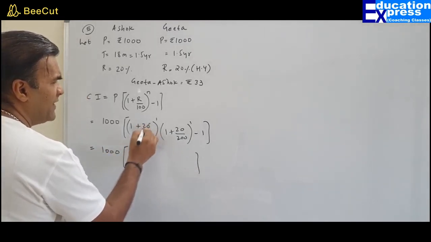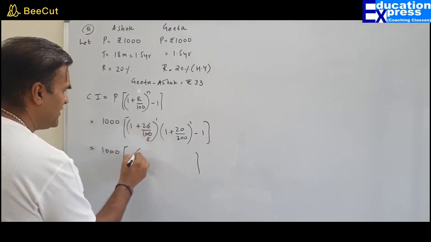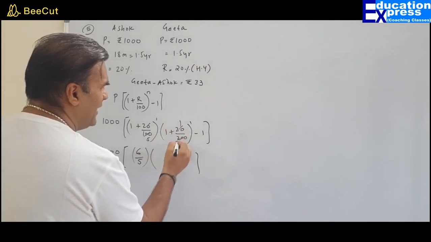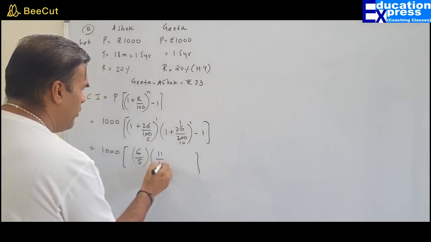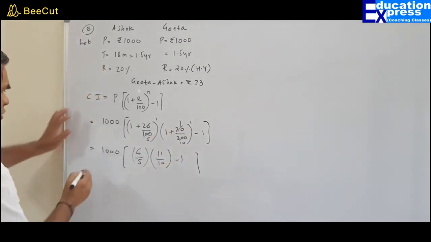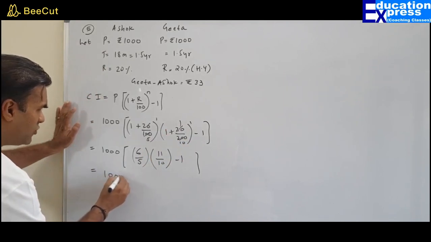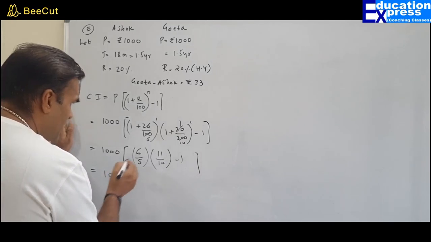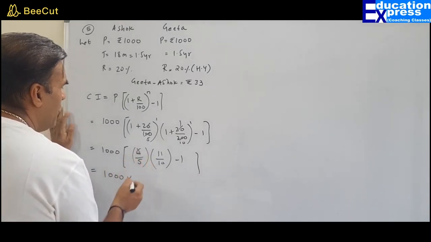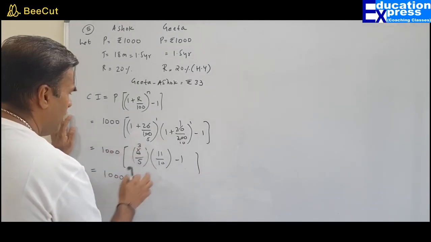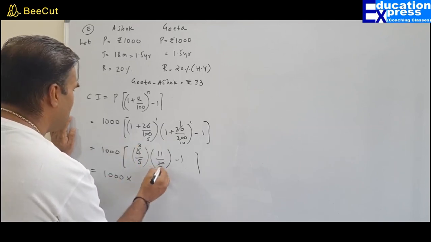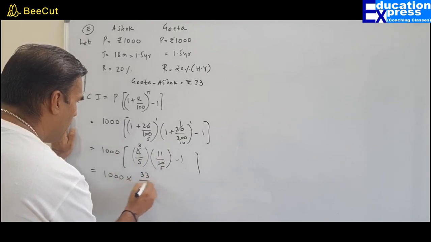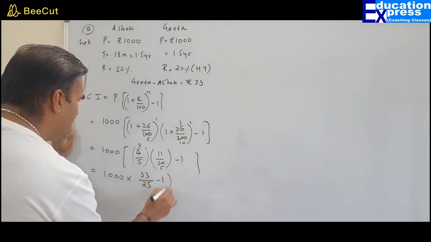So 1s and 5s are 5 plus 1, 6 upon 5. What about here? So 1s and 10s are 11 upon 10 minus 1. So what do you get? 1000 multiplied by. If you multiply this, what do you get? Sir, this can further be reduced. But how much? 3. What about this? So even this can be reduced by 5. So it becomes 33 upon 25 minus 1.